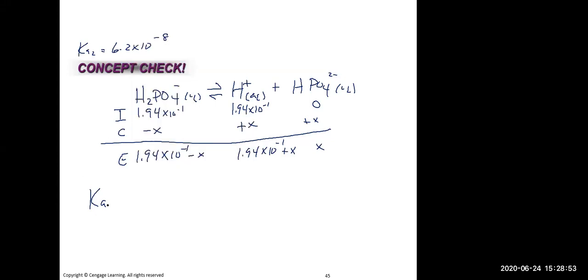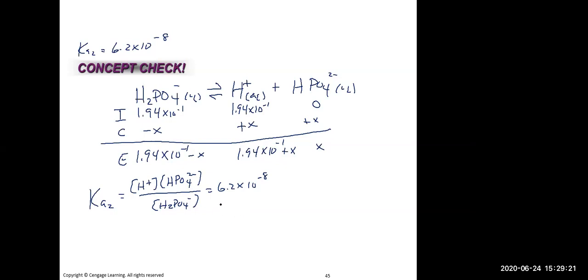So the Ka2 will be our products, H plus and HPO4 2 minus, over our H2PO4 minus, equaling 6.2 times 10 to the minus 8. We're then going to put our equilibrium concentrations into our expression.